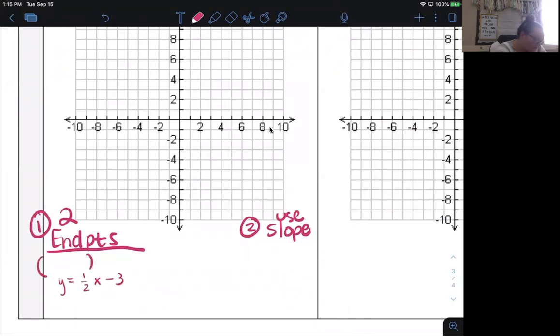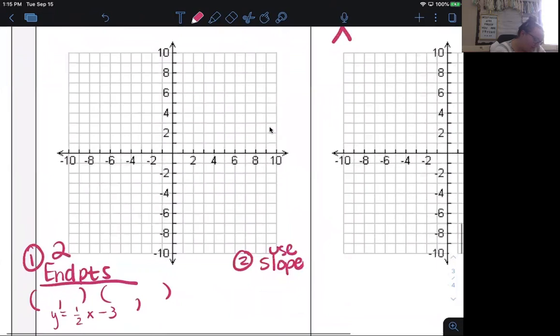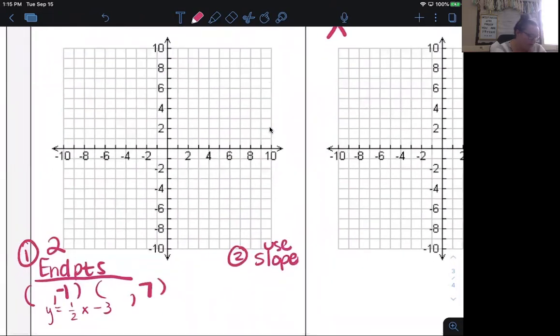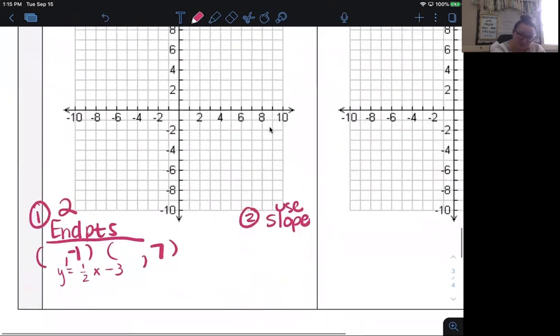And your two endpoints, this time you're going to find the x values. So your two endpoints are going to be at something negative 1 and something 7. So you've got to find those two x values. So you're going to replace this y with negative 1, solve for x, and then replace y with 7 and solve for x again. Then identify your slope, plot your two endpoints, and then use your slope to find the points in between to draw your line. Go for it.